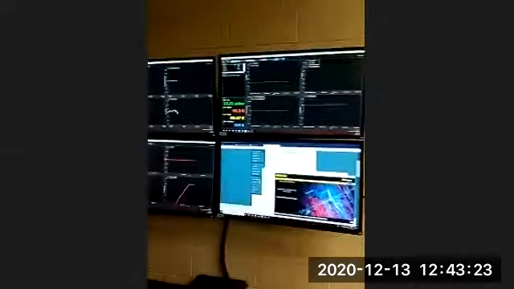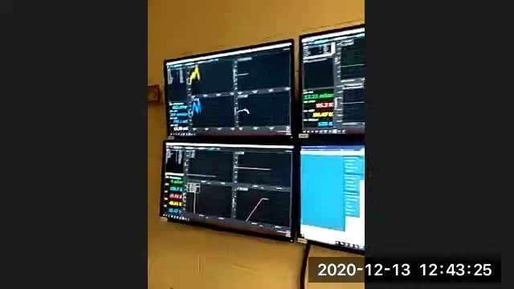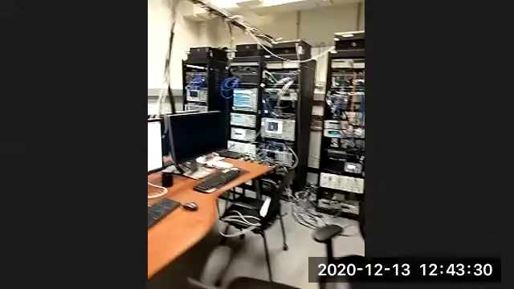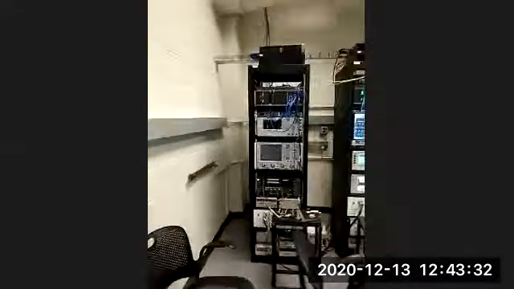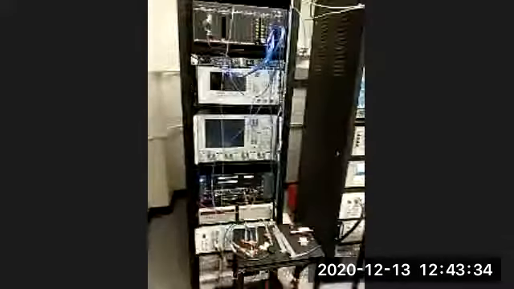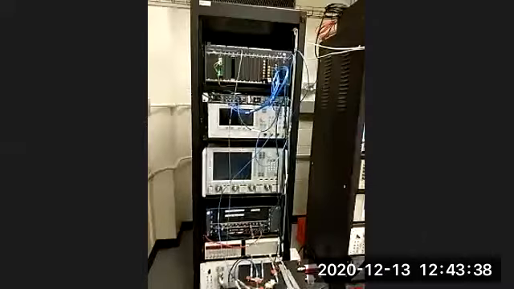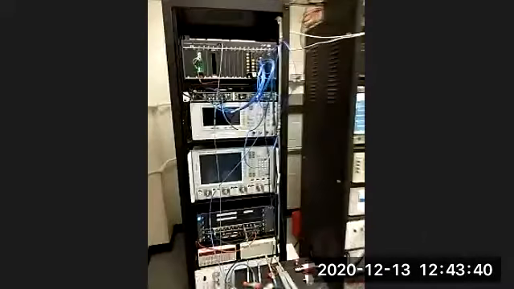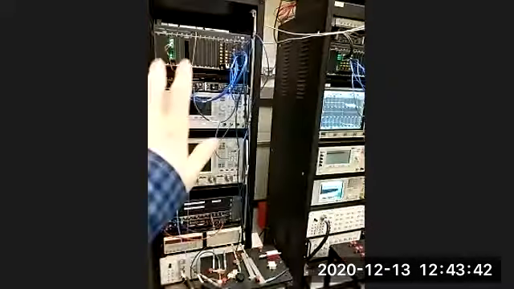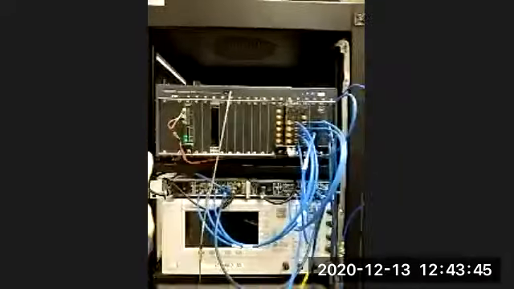These curves just show how cold the refrigerators are and what the temperatures are. All of ours happen to be warm. These electronics also cost a lot of money, maybe tens to hundreds of thousands of dollars, to actually address the qubits inside of the refrigerators. What we do is we have things like microwave sources.